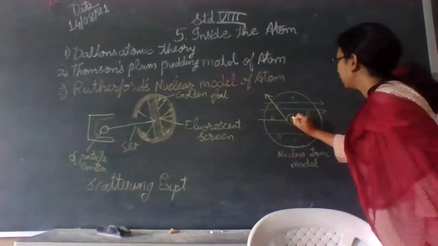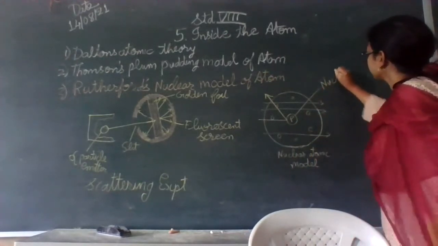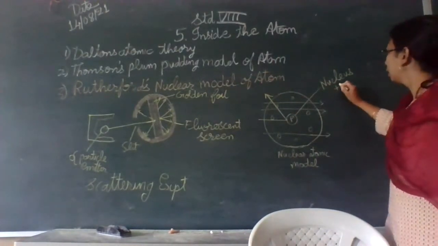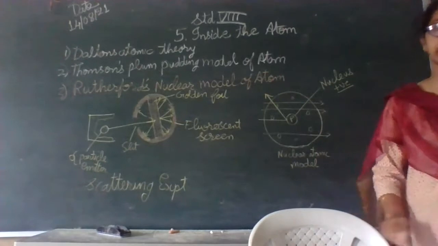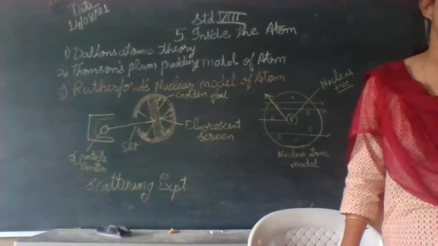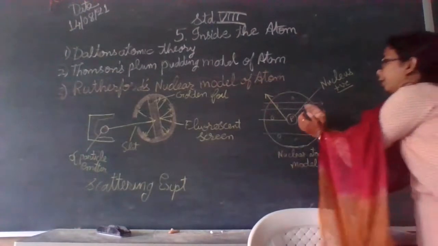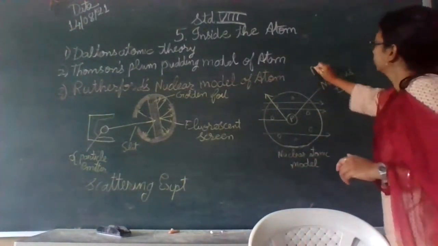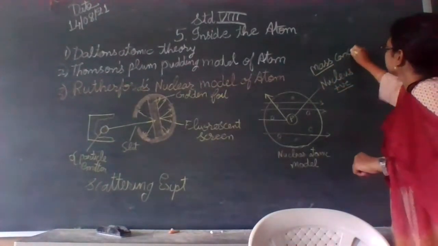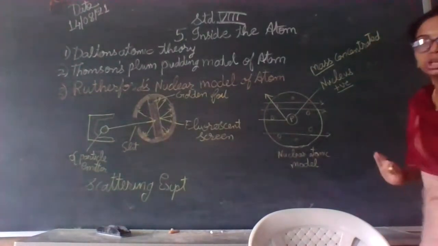Then the second thing that he postulated was that almost the entire mass of the atom is concentrated at the nucleus only.